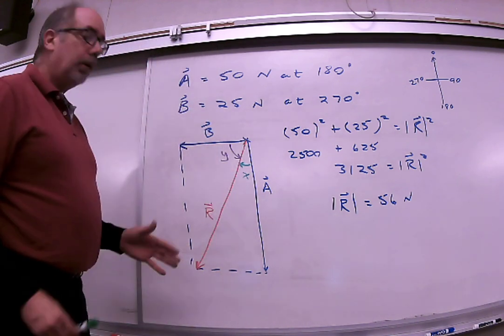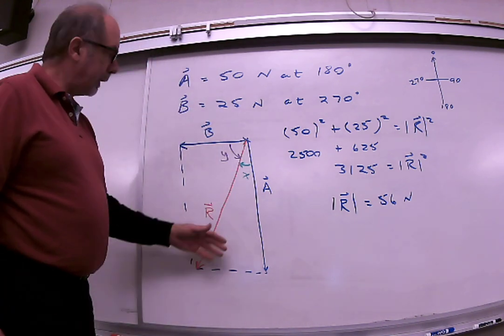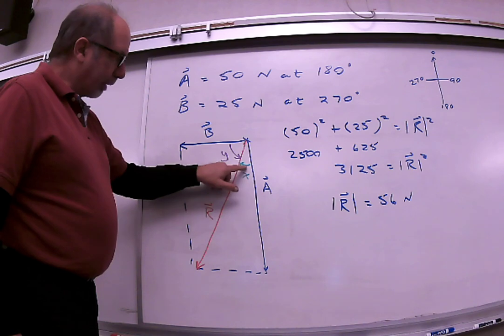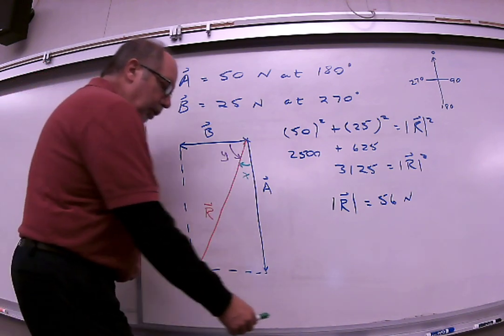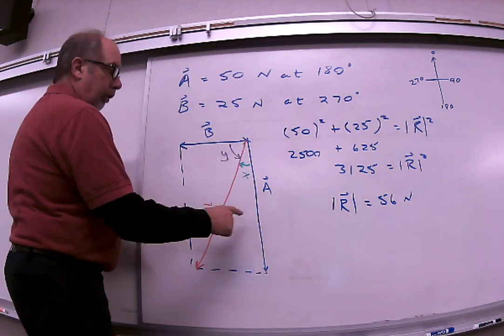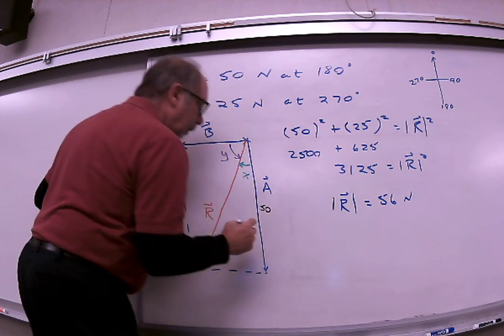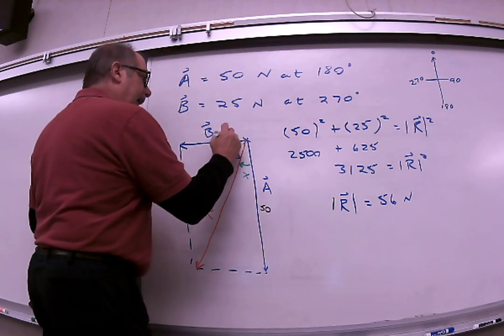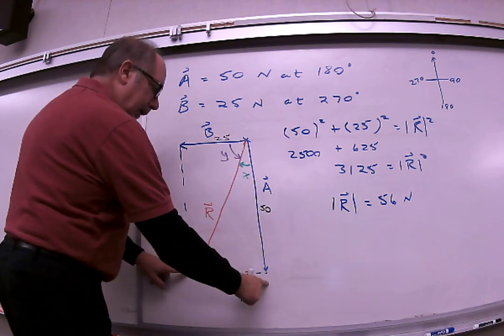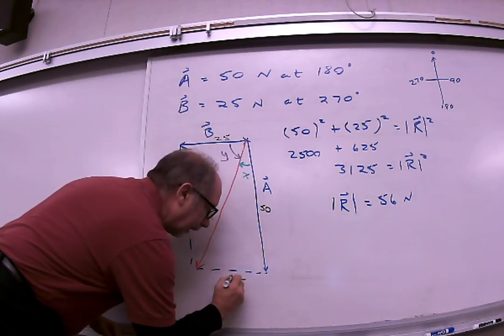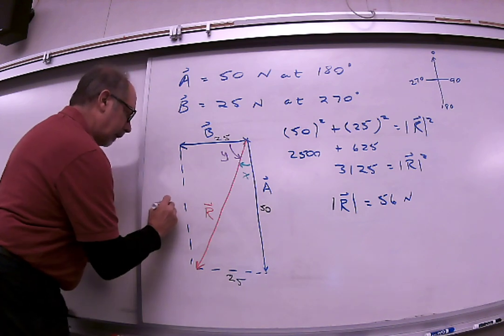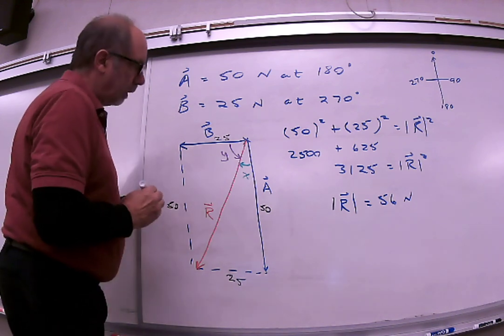Let's calculate both of them and see what we get. Now, angle x, we can use tangent because we know that vector A is 50. We know that vector B is 25. Because this is a parallelogram, this also has length 25. Incidentally, that length is 50 also.